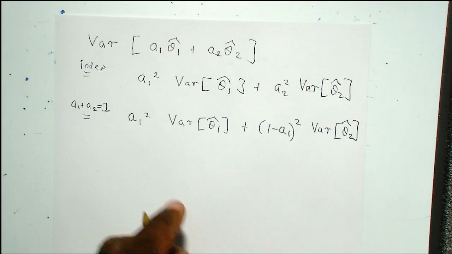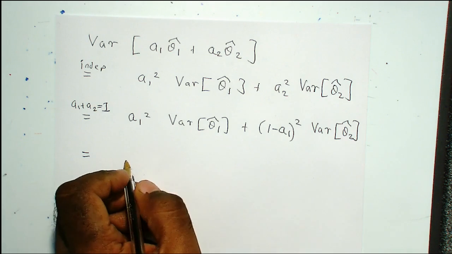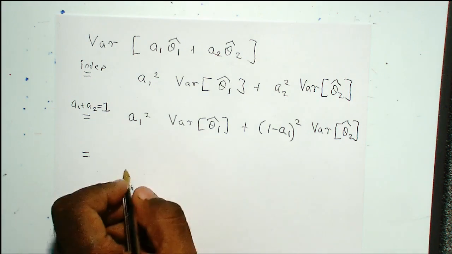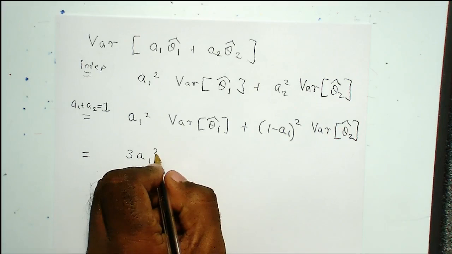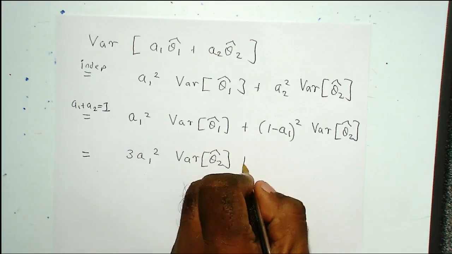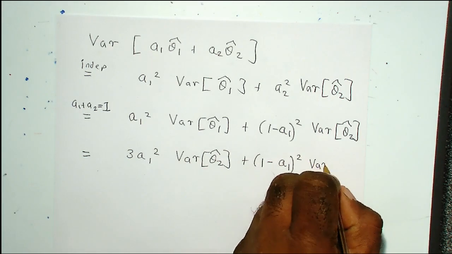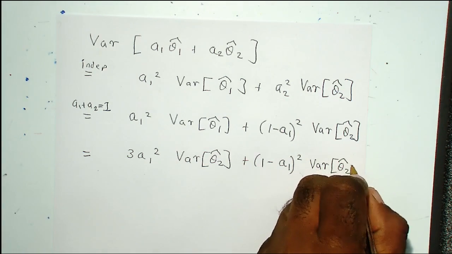Okay. Now, we are also told, you should read the question, guys, here. It says that the variance of theta 1 hat is equal to 3 times the variance of theta 2 hat. So using that, you can replace this guy by... okay.